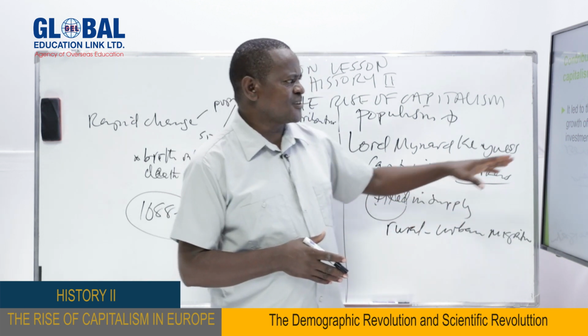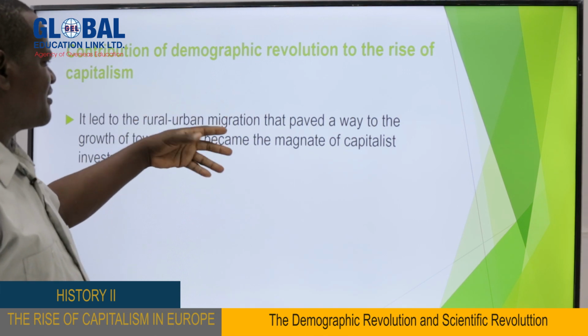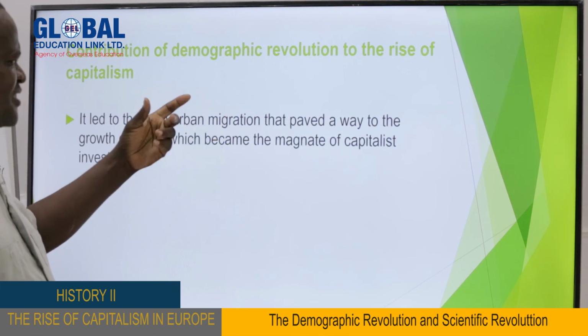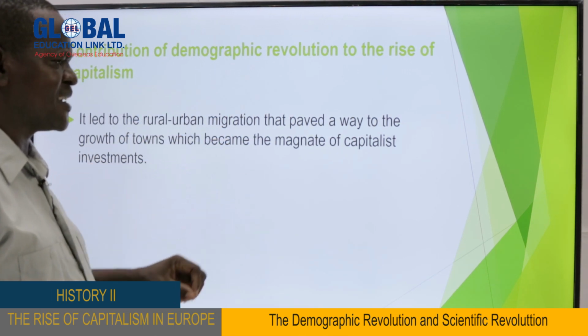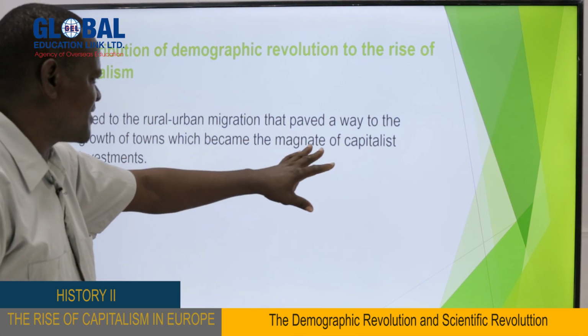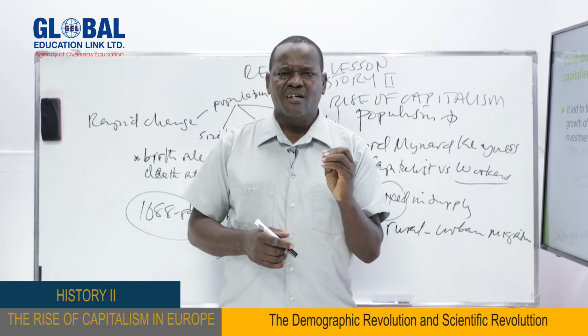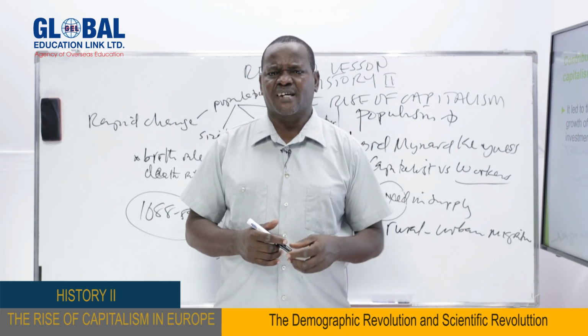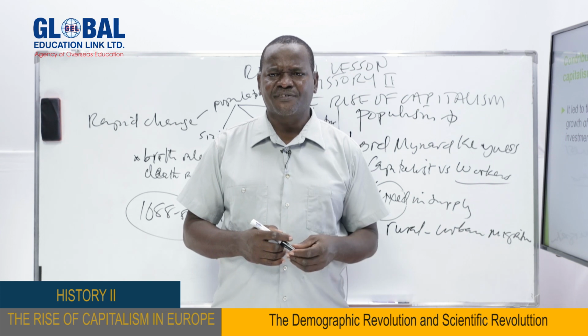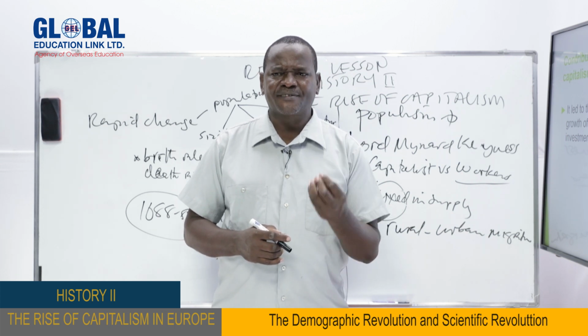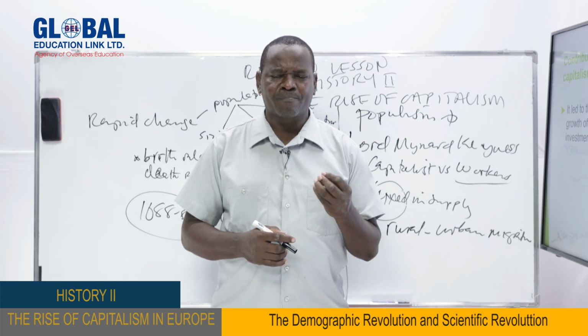So my dear students, those towns which were just very small villages or very small urban areas became big urban centers, and they became the magnet of capitalist investment. They became the areas for the capitalists to invest their capital and to establish their businesses and so on. And those capitalists were getting a lot of money, a lot of profit.